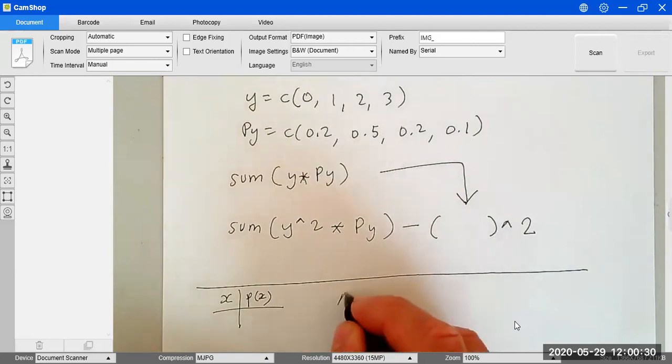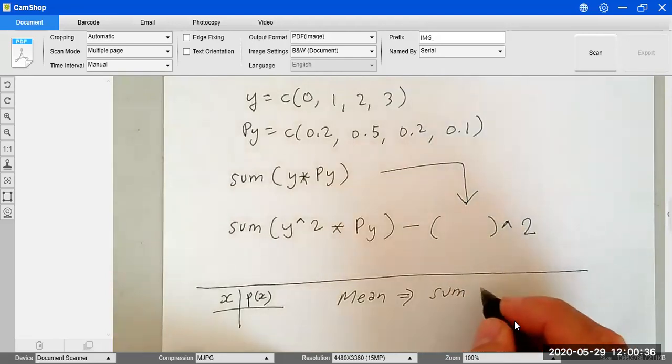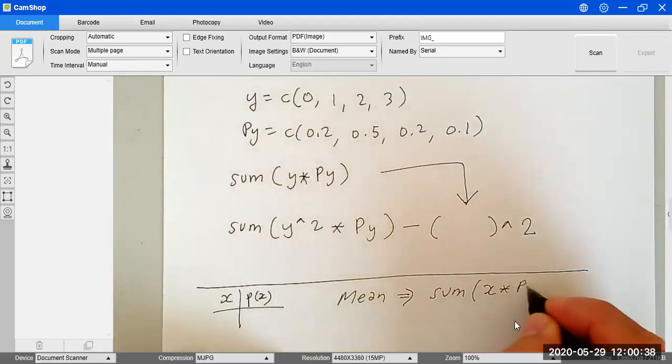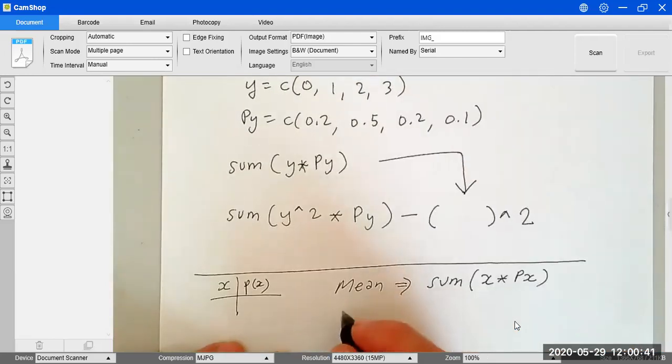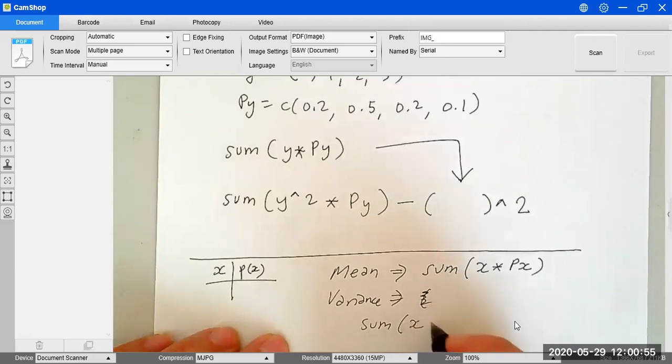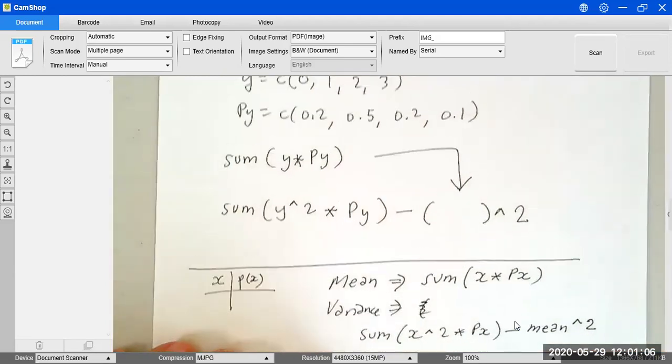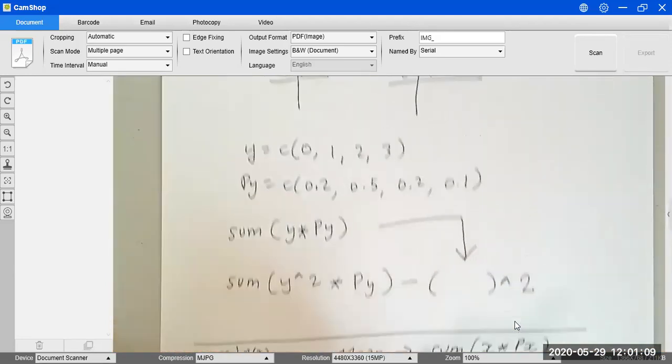When you have a probability distribution, the mean is obtained by adding the products of x and p of x, and the variance is obtained by adding the sum of x square times p of x, and subtracting the mean that we just found before, squared. So that's the formula in terms of x, and that's the formula in terms of y.